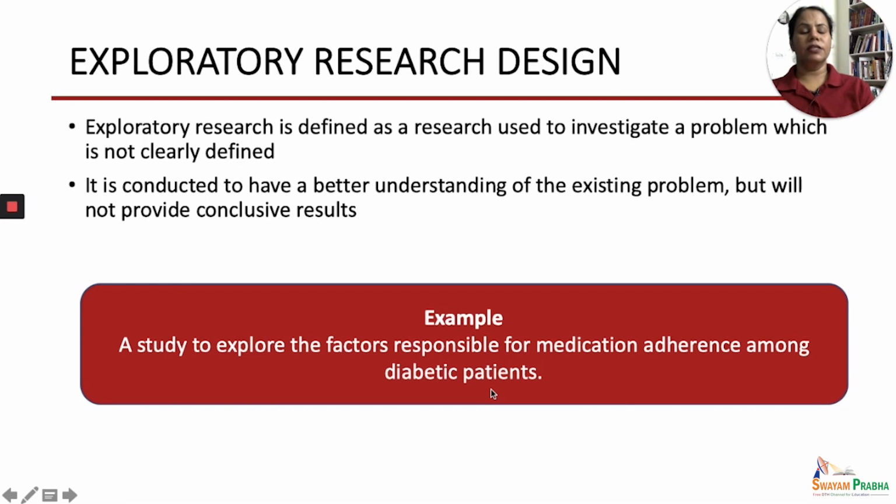So here the researchers try to explore the medication adherence among diabetes patients. So they explored different factors which might be responsible for medication adherence or non-adherence among the diabetic patients. So whenever we need to study a phenomena through exploratory research design, we try to explore everything about that particular phenomena through a number of methods.